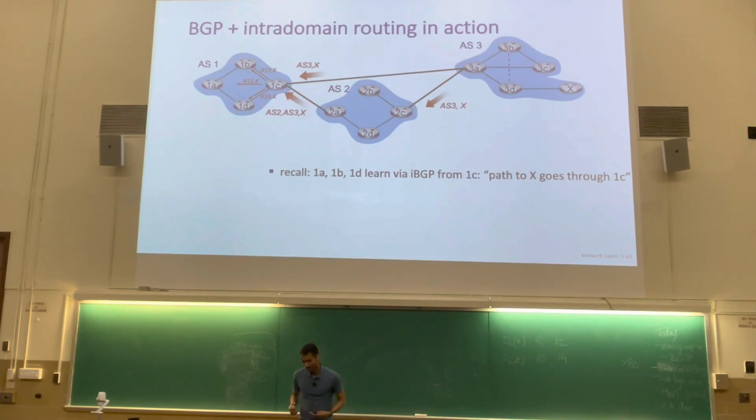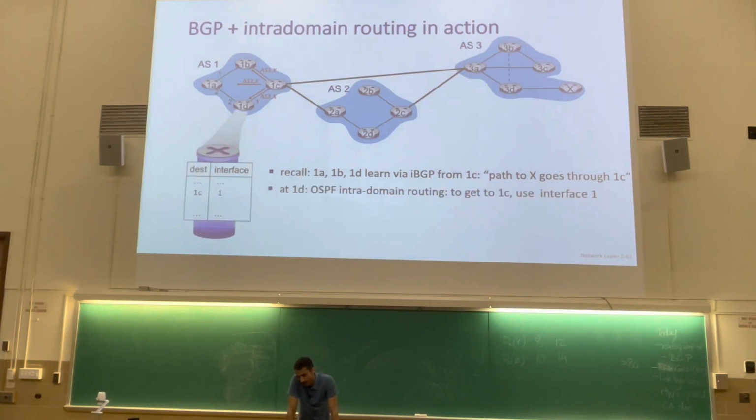So in this graph, AS1 has two options. You can go through the direct AS3 X route, or the AS2 AS3 X route. So let's look at some router in this network AS1. Okay? Let's start by looking at 1B.